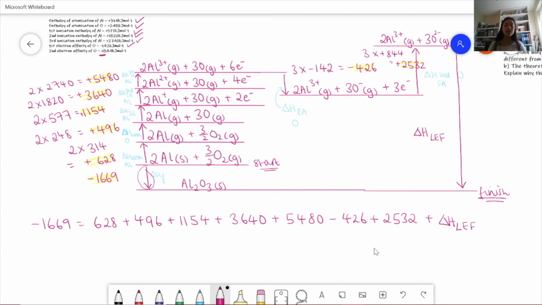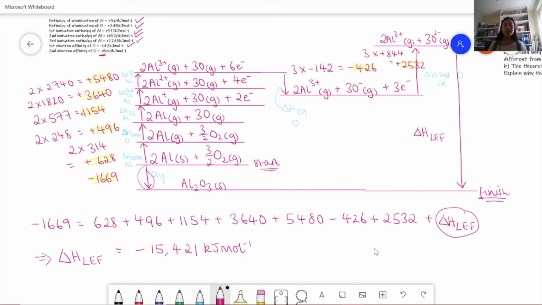And so rearranging that, you can then find this delta H of lattice enthalpy of formation. So we get the enthalpy change for the lattice formation is equal to minus 15,421 kilojoules per mole.